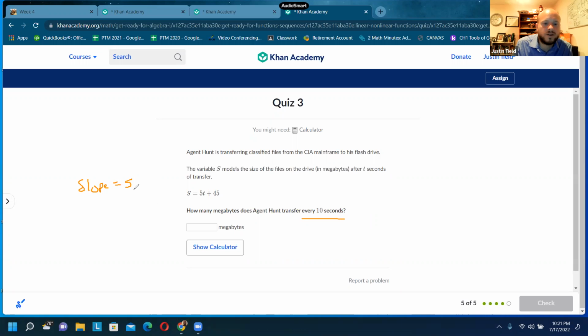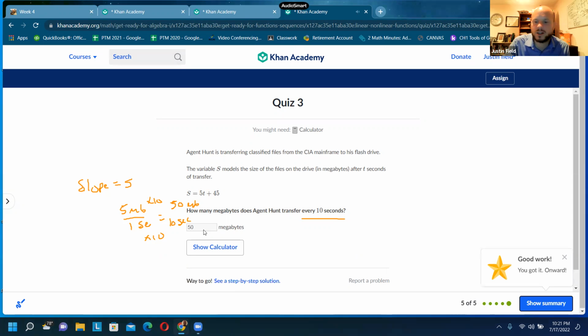So if it's 5 megabytes for every 1 second, then what is it going to be for every 10 seconds? Well, we'd have to multiply by 10, and that would be 50. That's how you do that. But you can put that in the organizer if you want more clarification, as you can with any of these problems.